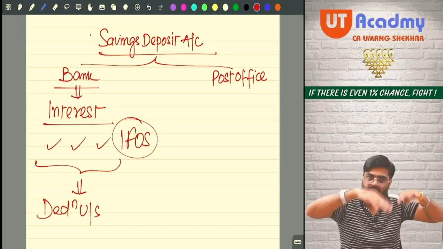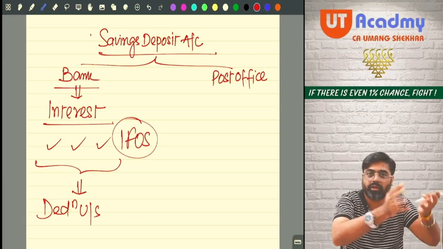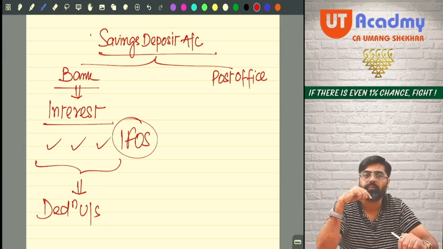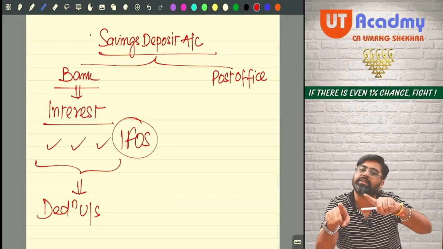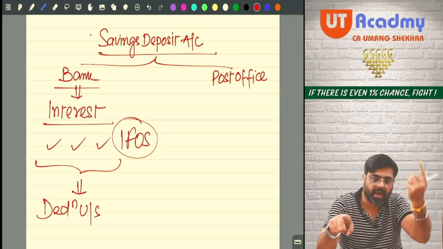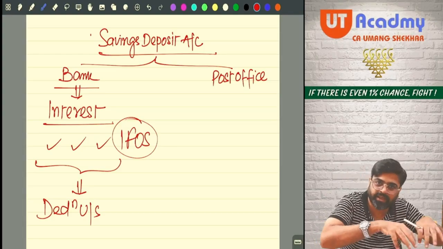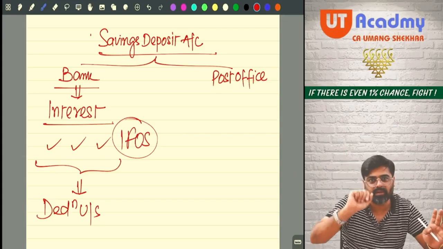Yes. So you will show IFOS head also, no? In IFOS head, you are supposed to show this income as taxable. Got it? So if this interest is taxable, it is shown in IFOS and IFOS head is there in your GTI. So can I say in your GTI, you have included this interest income?